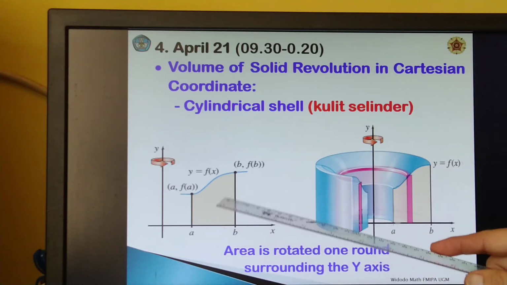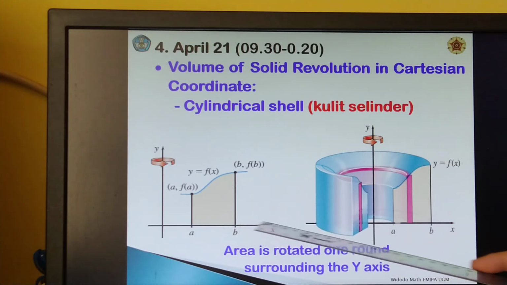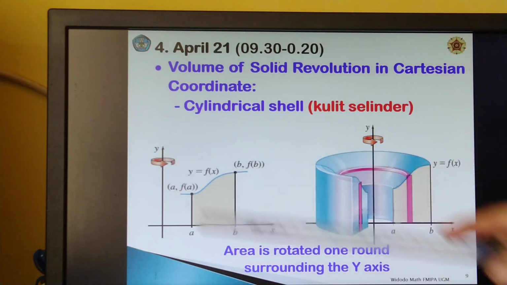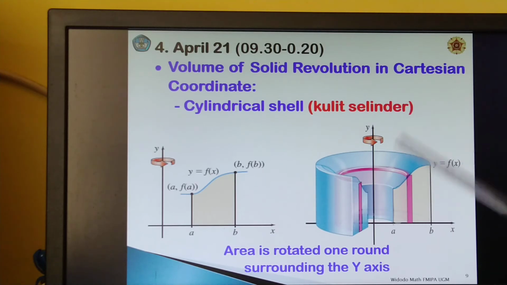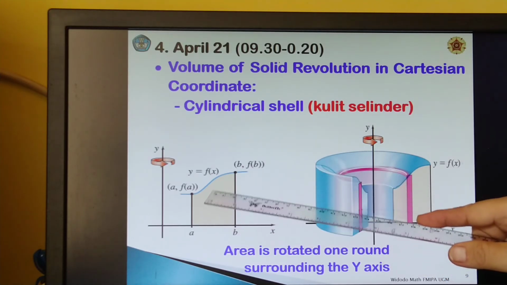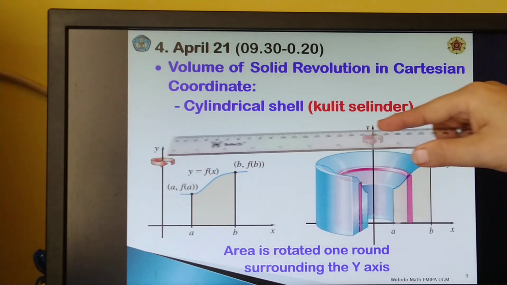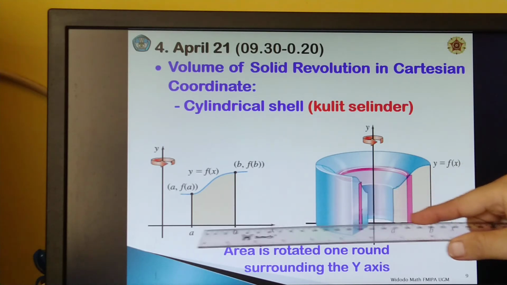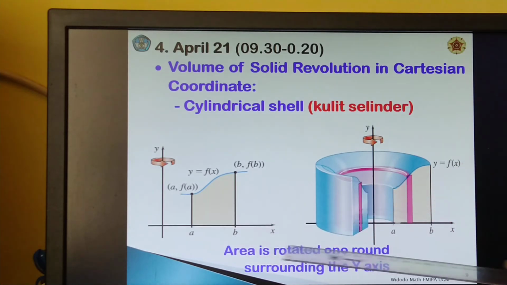Once again, we integrate with respect to x, but we rotate it around y. That means the cylindrical shell. So this region is rotated around y one round, but the integration is with respect to x.